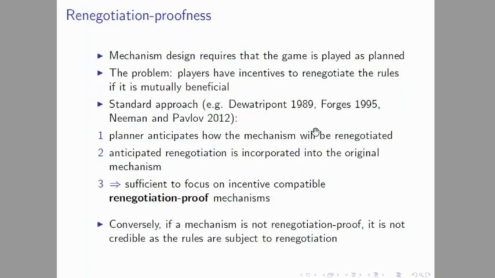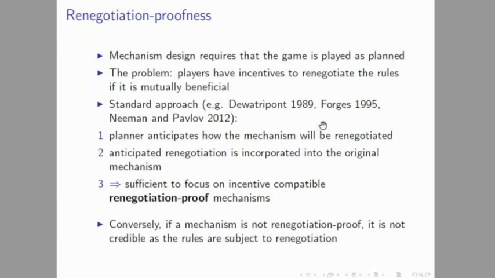This is something that we, of course, observe quite often in many practical situations. Think about the European Union institutions there, but more specifically, think about trading situations. You set up a mechanism, let's say an auction, but nevertheless there might be an option to retrade the good after the auction has been played.